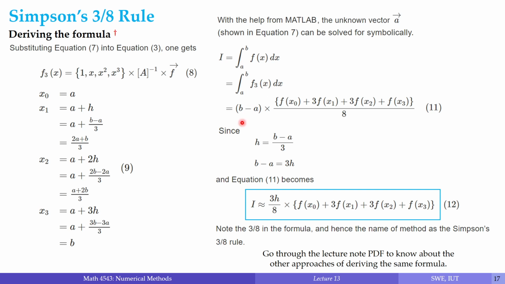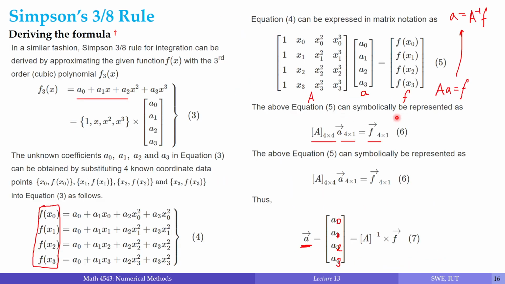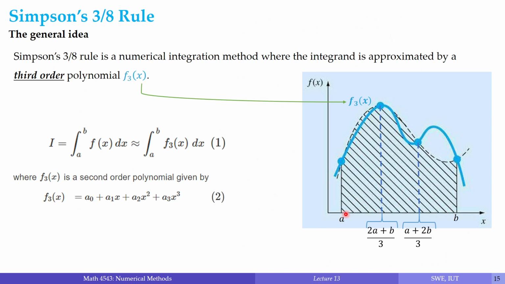You can trust me that after a series of simplification steps, we end up with this formula: (b minus a) times [f of x0 plus 3 times f of x1 plus 3 times f of x2 plus f of x3], this whole thing divided by 8, where x0, x1, x2, and x3 are these points over here. So x0 is a, x1 is (2a plus b) by 3, x2 is (a plus 2b) by 3, and x3 is b.